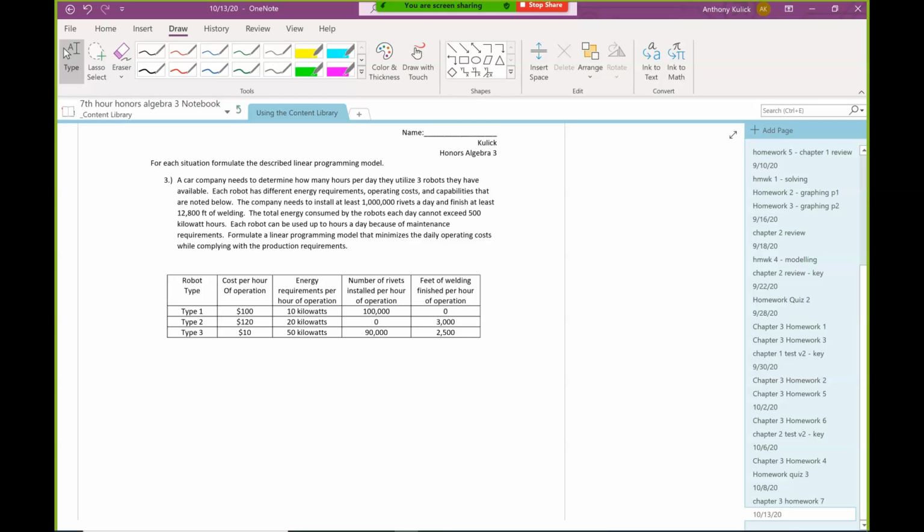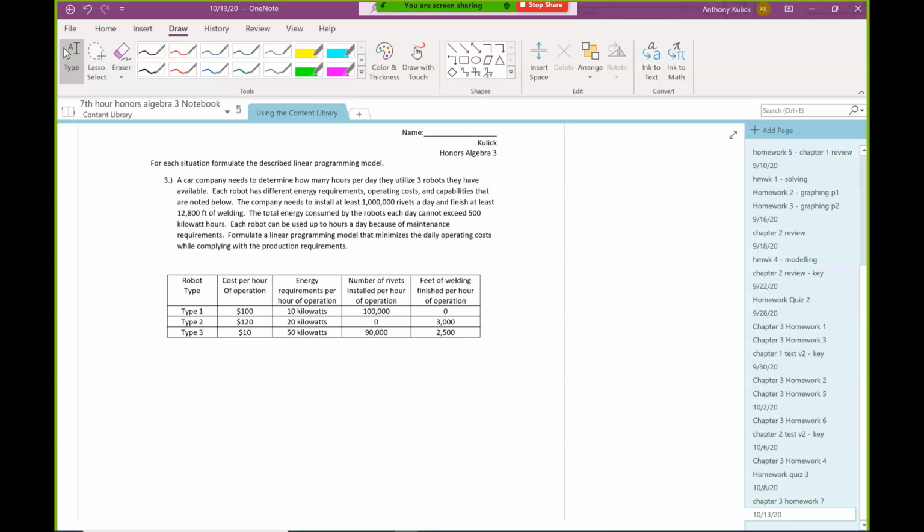All right. So the first problem reads, a car company needs to determine how many hours per day they utilize 3 robots they have available. Each robot has different energy requirements, operating costs, and capabilities that are noted below. The company needs to install at least 100,000 rivets a day and finish at least 12,800 feet of welding.